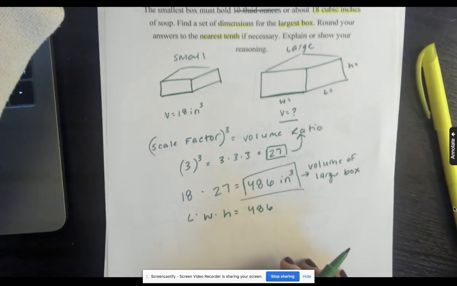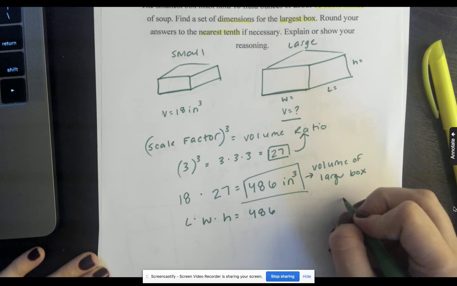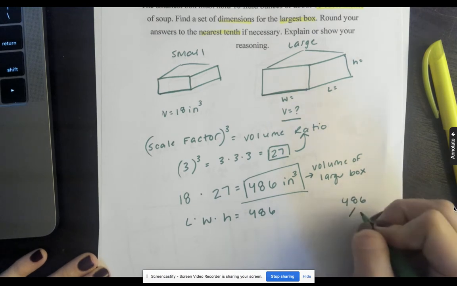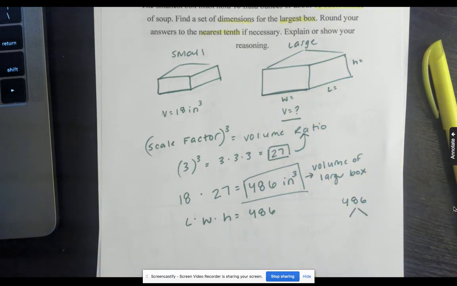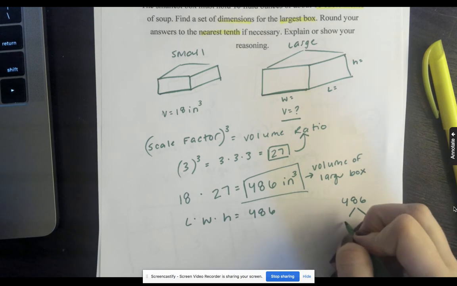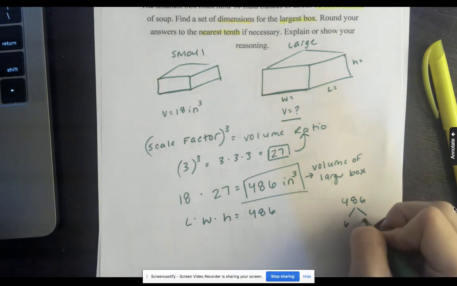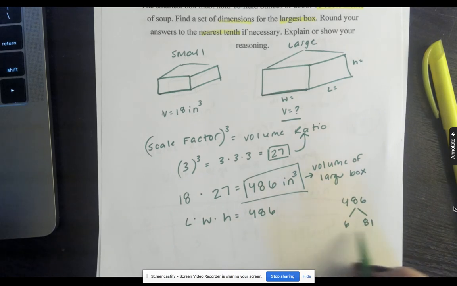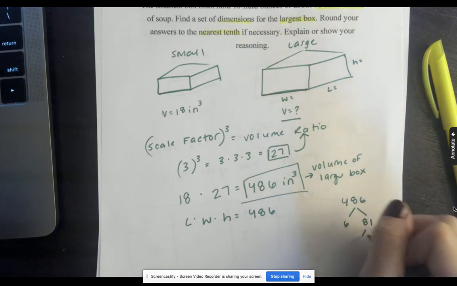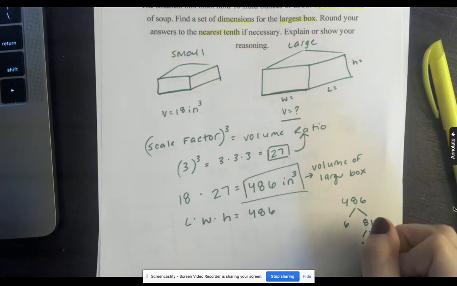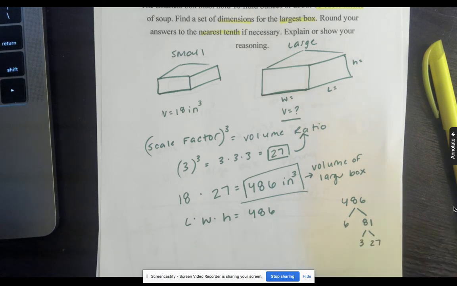Okay? So mental math, I know that 486 is divisible by 6. When I divide that by 6, I get 81. Okay, so I've got 2 numbers, and I can split 81 up into 3 and 27.